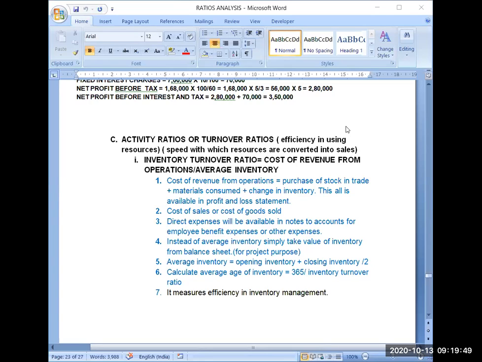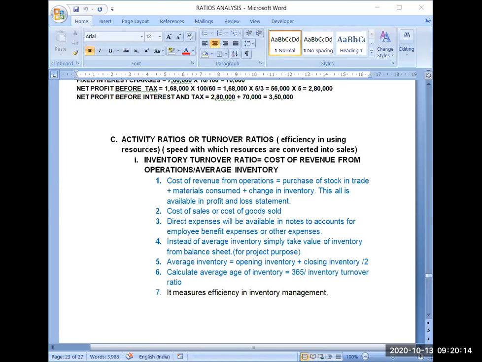In simple words, you can call it stock. So inventory turnover ratio is equal to, now see the formula, cost of revenue from operations upon average inventory. In the numerator it is cost of revenue from operations and in the denominator it is average inventory.